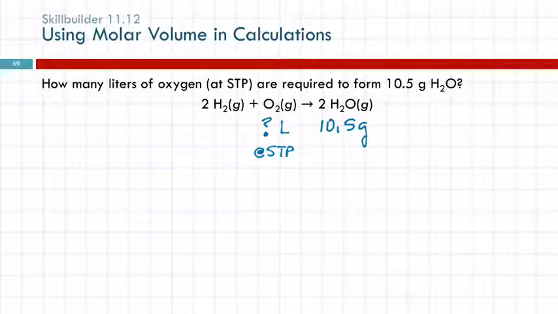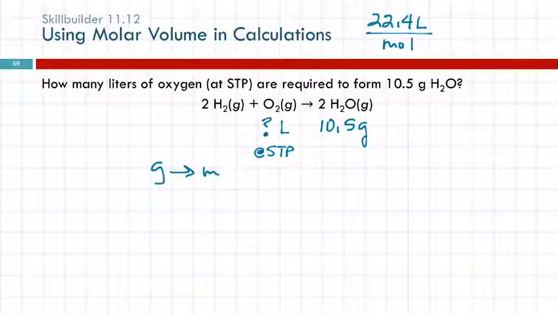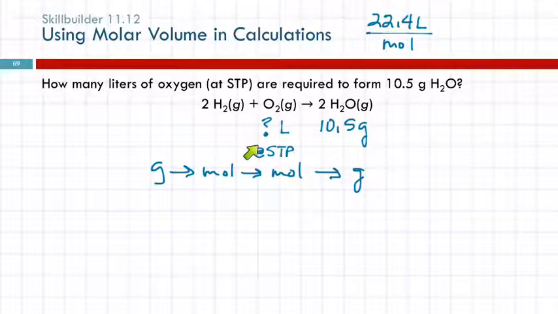Anytime you see at STP, or at standard temperature and pressure, think 22.4 liters per mole. I might be able to use that. So normal path: grams to moles to moles to grams. What am I going to end up with this time?